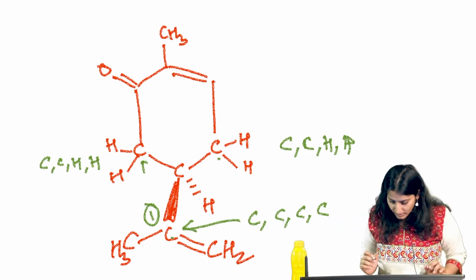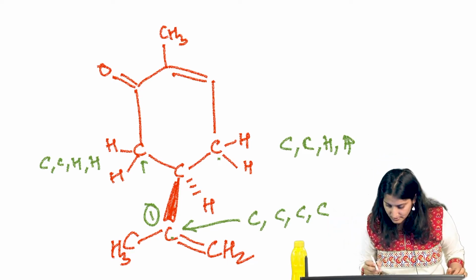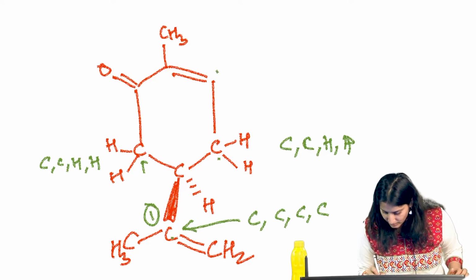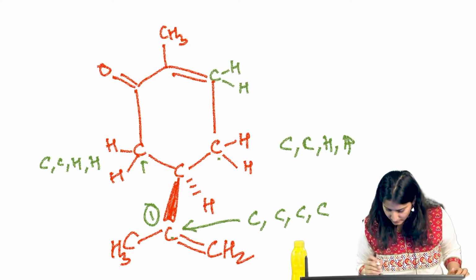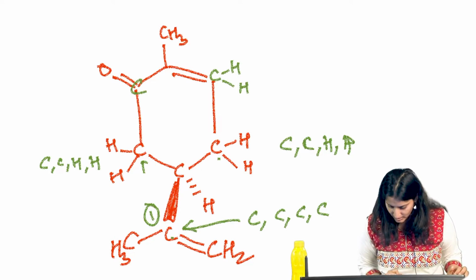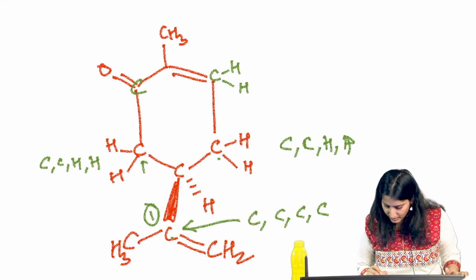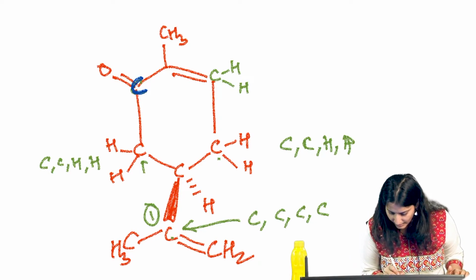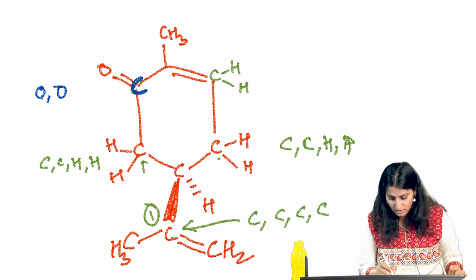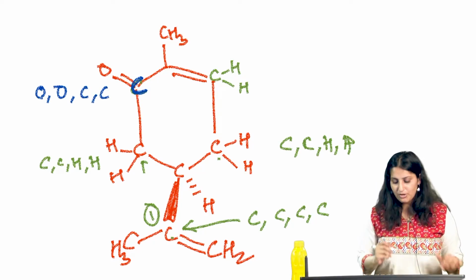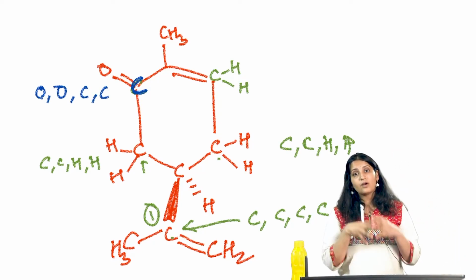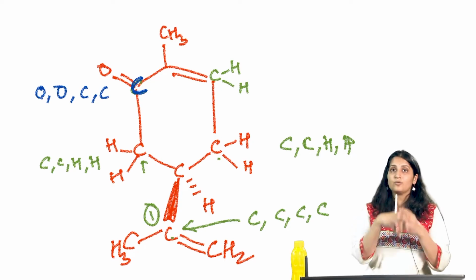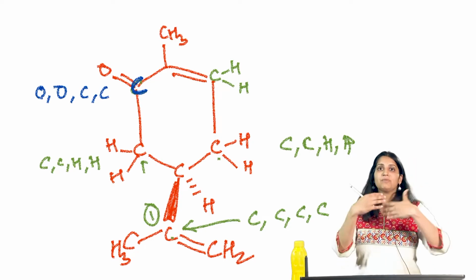Okay. So herein I have this particular carbon versus this carbon. If I look at the attachments here, this particular carbon has the attachments oxygen, which is again attached to an oxygen. So, O, O, C, C. Whenever there is a double bond, you write that bond twice, because it is making 2 bonds.